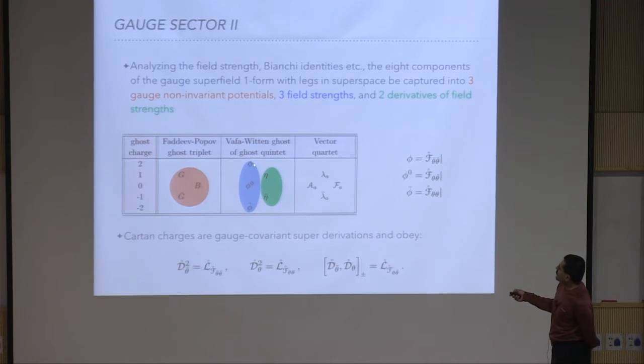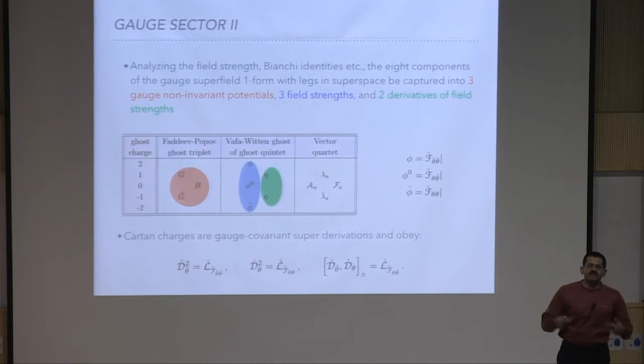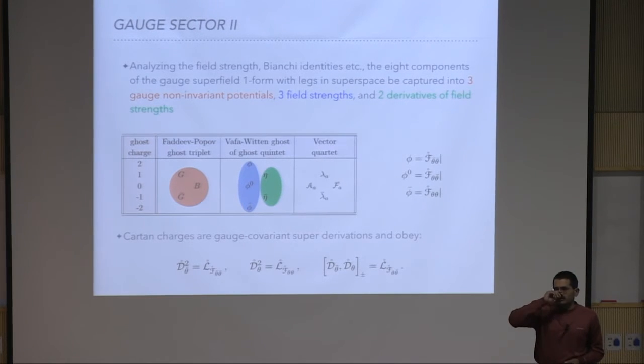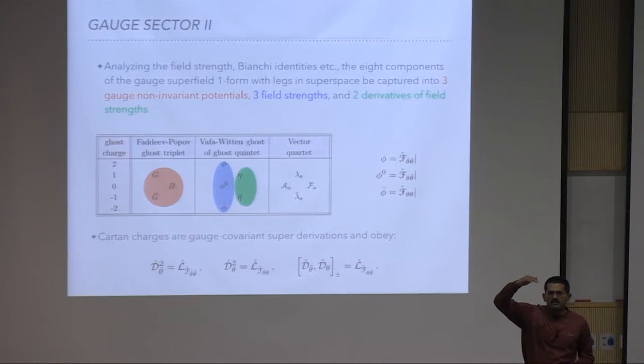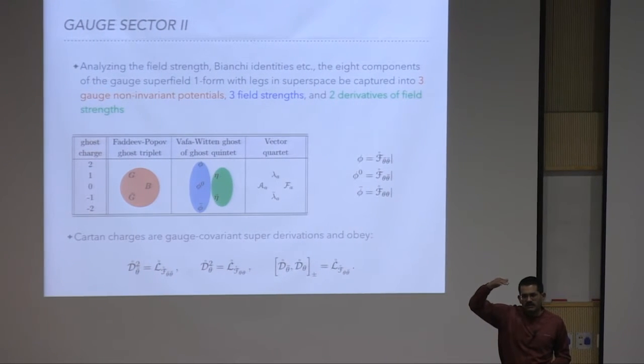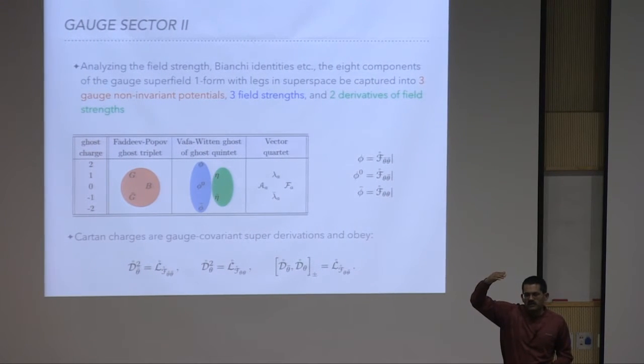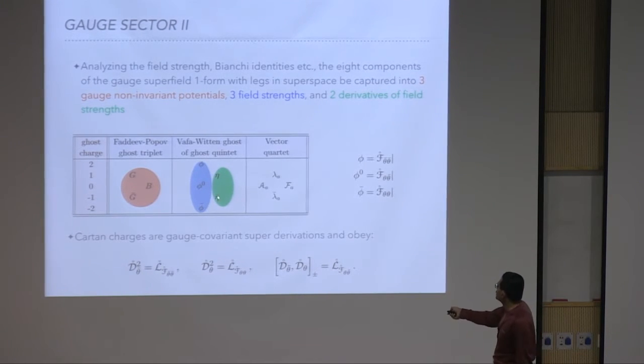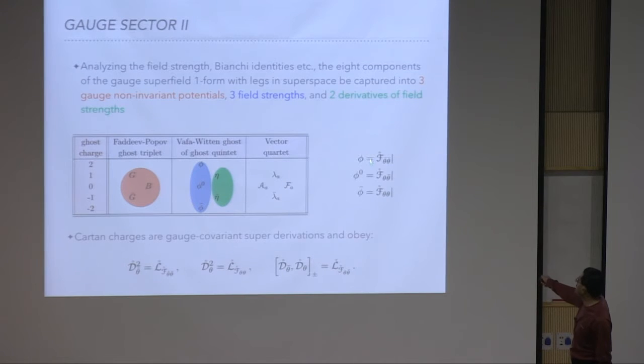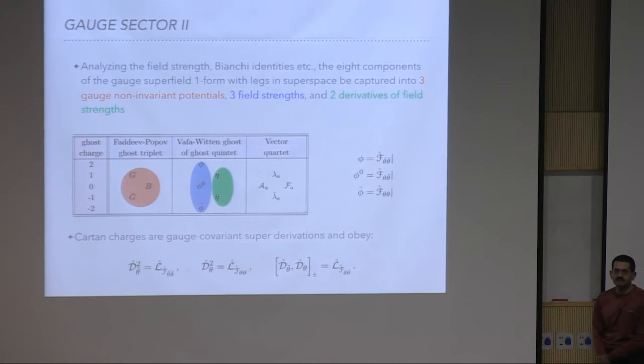In addition, when you take derivatives of the gauge potential, the gauge potential has objects of ghost number plus and minus 1. So if you hit it with another derivative, you may get objects with ghost number plus and minus 2 or 0. So these 3 guys, phi, phi 0 and phi bar, are basically the bottom components of 3 different field strengths after using some Bianchi identities.